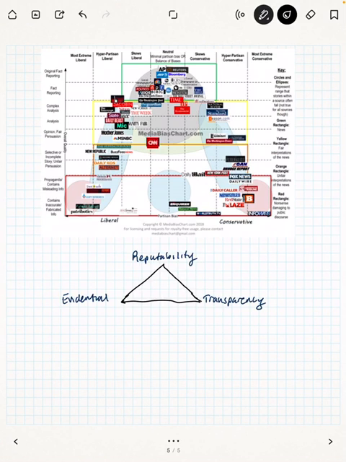Where reputability falls in is that if other people are linking to these websites and publications, then that typically means, and this isn't a hard and fast rule, but that typically means that they're reputable. And that goes in conjunction with the other pillars.